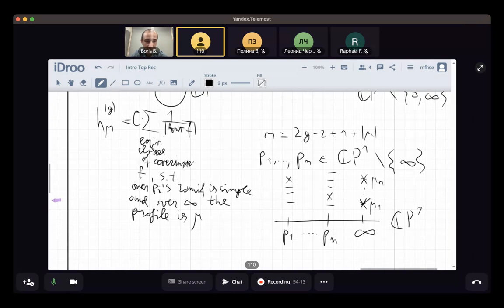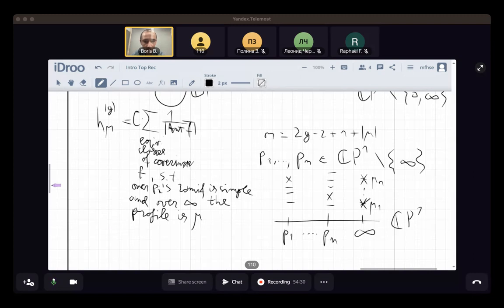Yeah, the sheets. It renumerates the sheets of the covering inside each fiber.